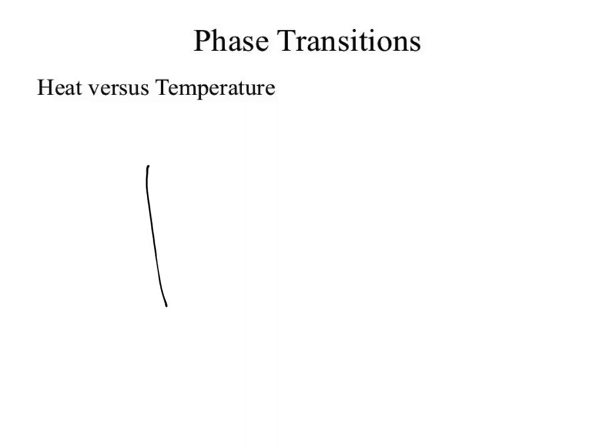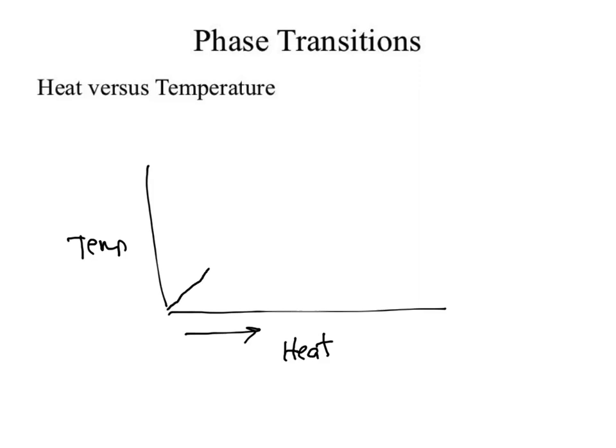Okay, heat versus temperature. If I look at temperature and I look at heat. Okay? So I stick a pot of ice on the stove and I turn on the stove. What happens to the heat? It rises. It starts to rise. So I would start to move on that x-axis, right? What happens to the temperature in that pot? It's also going to rise, right?